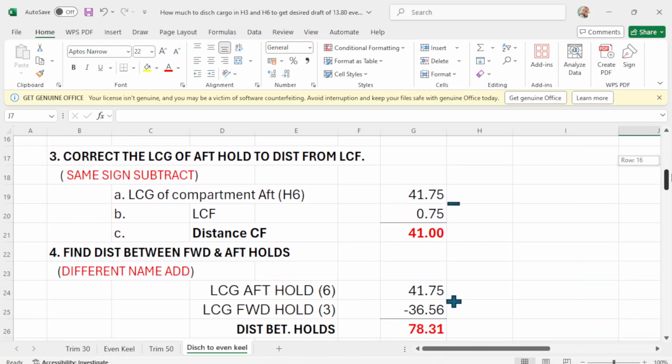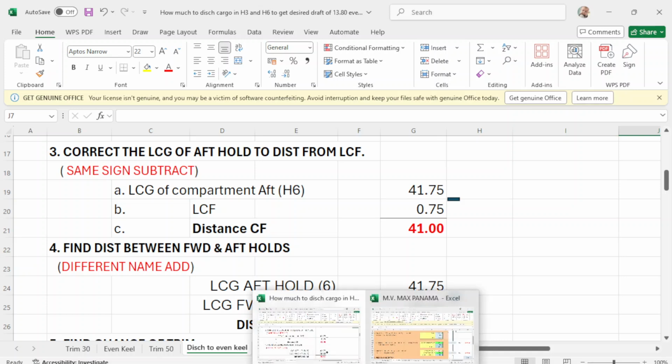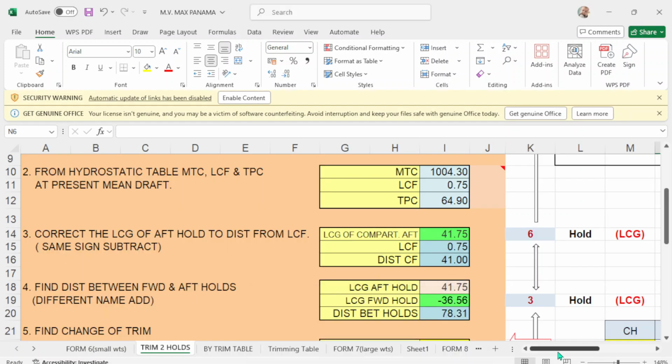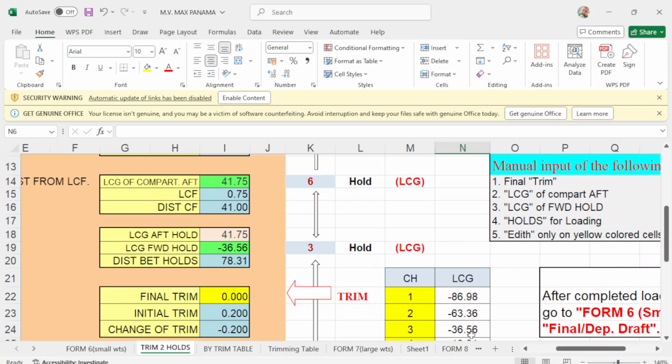And we go to number 4. Find the distance between 2 holes, meaning the distance between holes 3 and 6. So your LCG of hold number 6 is 41.75, and LCG of hold number 3 is 36.56, and the distance between hold number 6 and 3 is 78.31 meters.